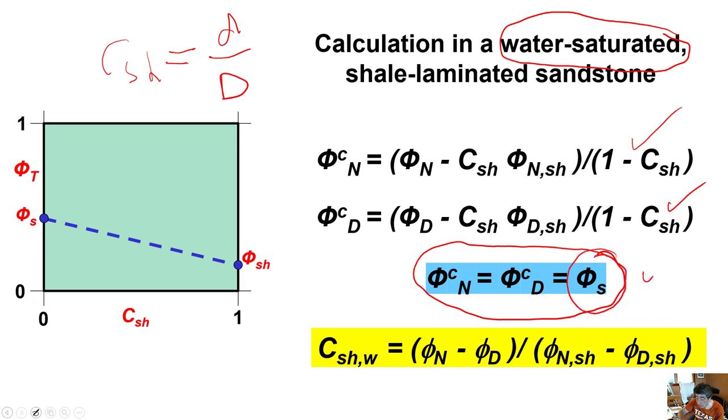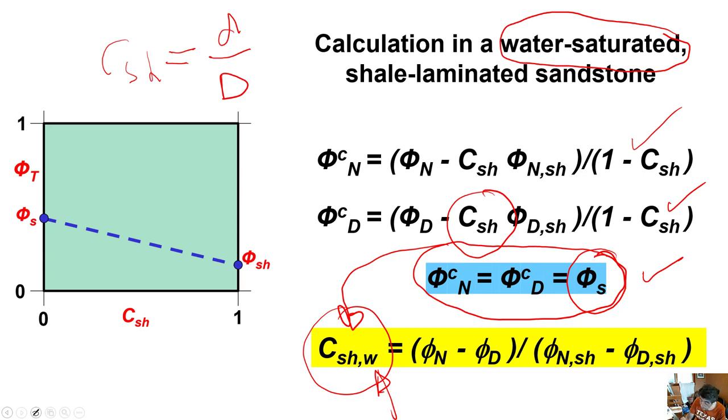So if you enforce that equation, what's going to happen is this. Take these two equations, equate them, and now you can solve for CSH. And that's what this formula does. You take the two equations, you equate them, and solve for CSH. I have included here a subscript to indicate that this only applies to water.